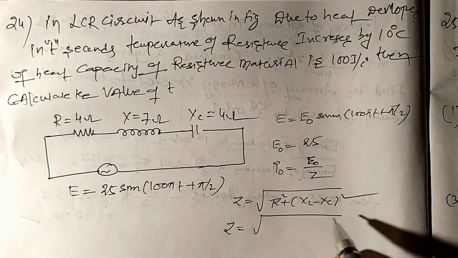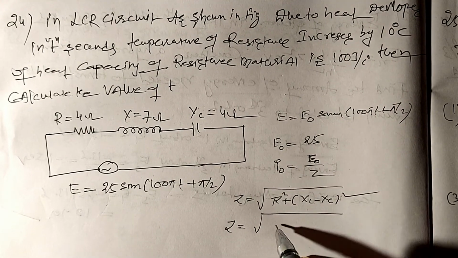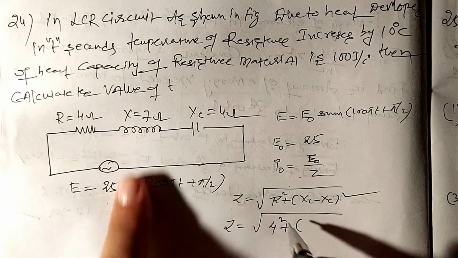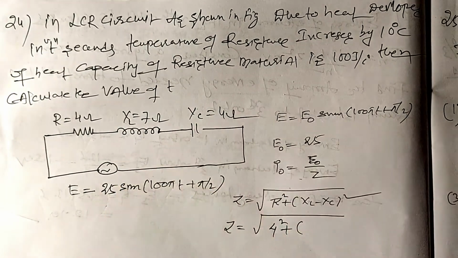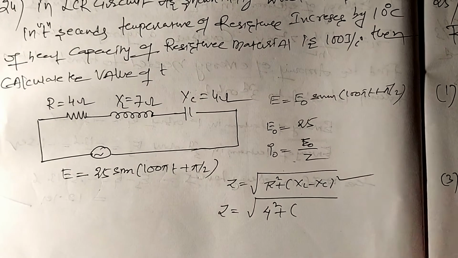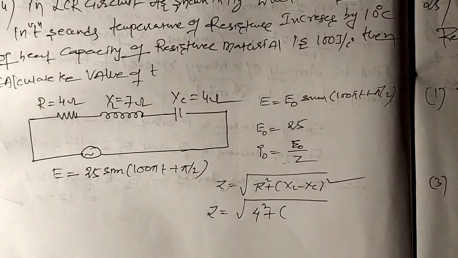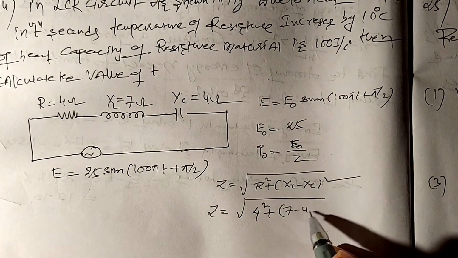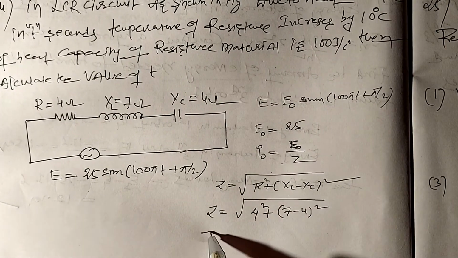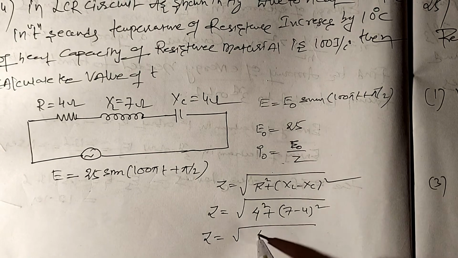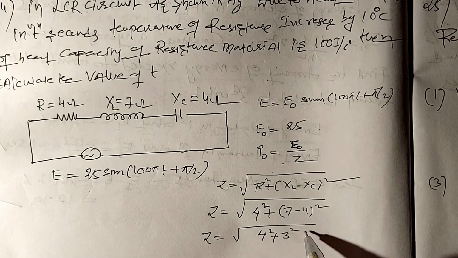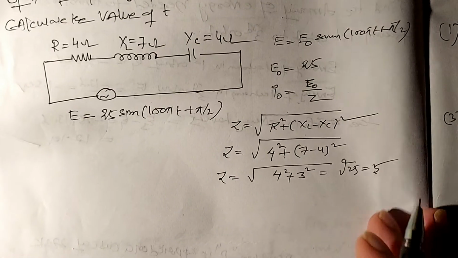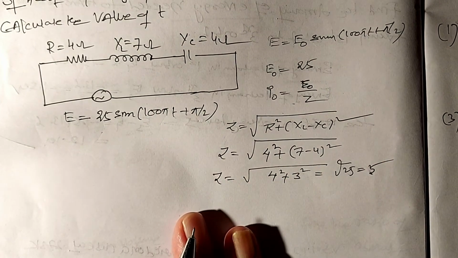So Z is equal to root of 4 square plus XL minus XC, where this is inductive reactance, 7 minus 4 whole square. So that is equal to how much here? 4 square plus 3 square, that is equal to root 25, that is equal to 5.